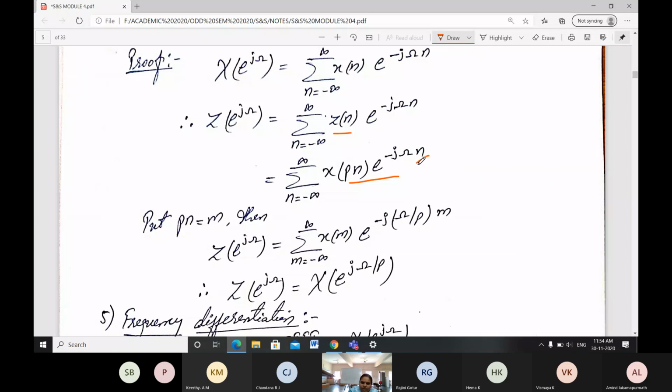Instead of n, n is taken as m divided by p, right? The same thing, m is taken outside; here it is taken as omega by p only.